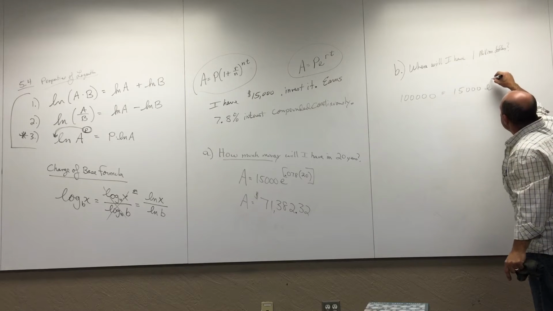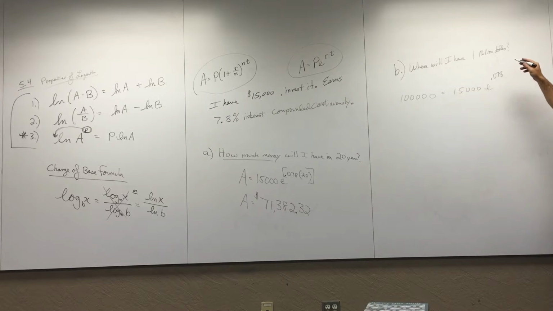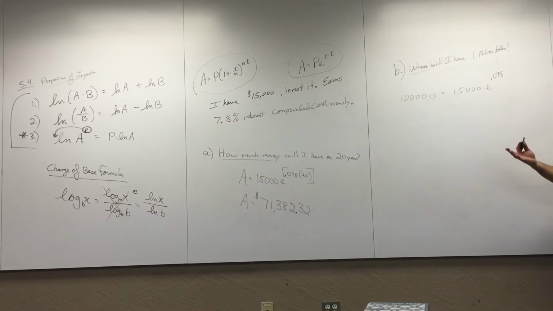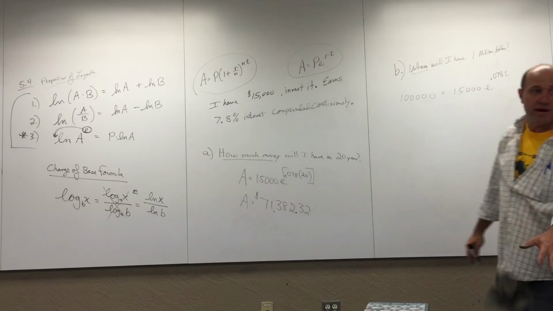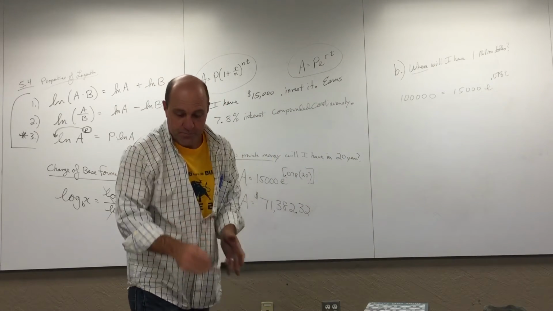This is E. The interest rate is still the 0.078, but what's the unknown? Thank you, the when, the T, the time. How long will it take? Well, it could be 20 years, 30 years, 80 years. We're looking for T. So now we're solving for T. We practiced it a little last week. We could practice it again today a little bit. How do I solve for T?